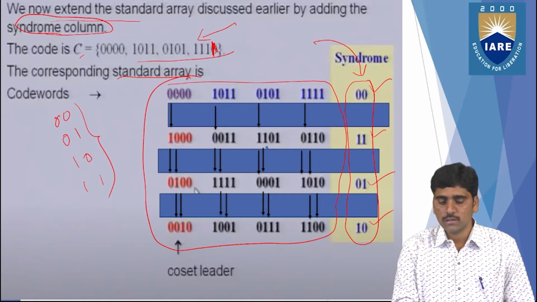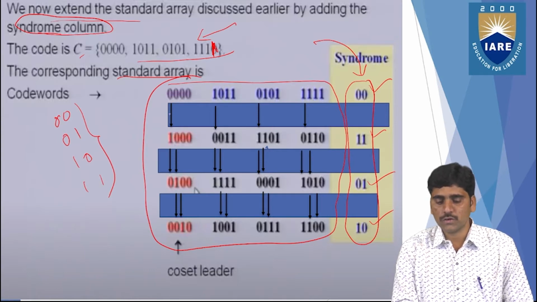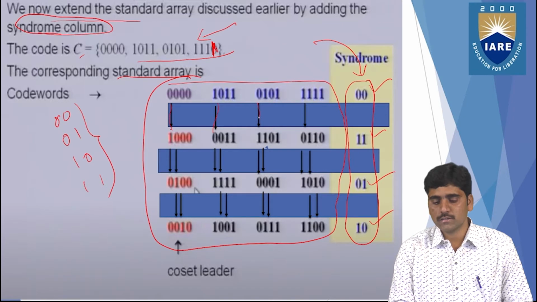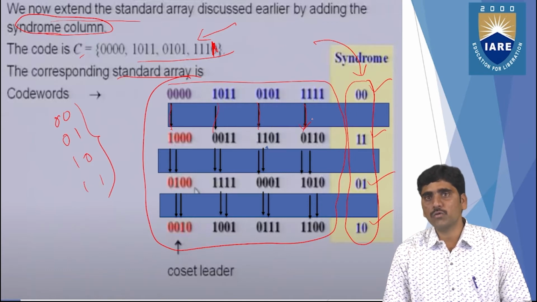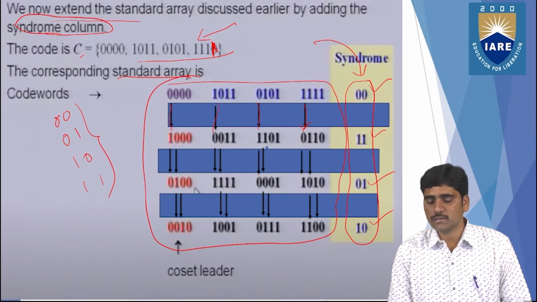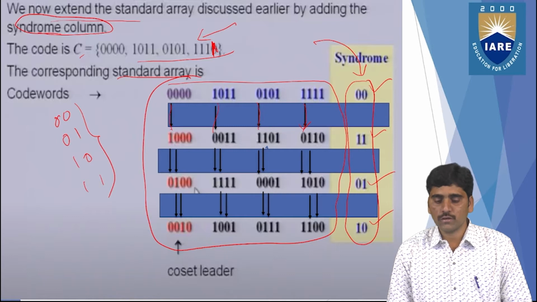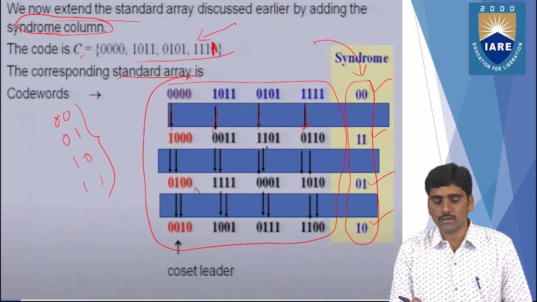In this first case, 0 is replaced by 1, 1 is replaced by 0, and again 0 is replaced by 1, and 1 by 0. That means a 1-bit movement is occurring, so the syndrome will occur. We are going to change that syndrome to the next level.